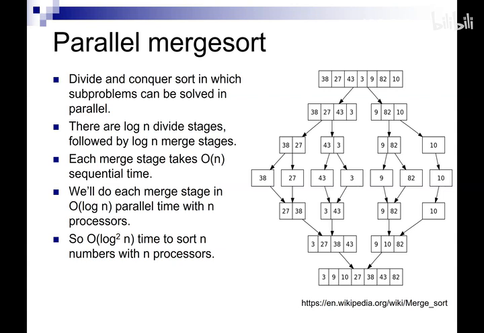Now, it turns out that there is a more complicated version of parallel merge sort, which does pipelining of these merge operations. And by doing that, you can actually get the total work for this algorithm to be n log n. But we're not going to talk about that.